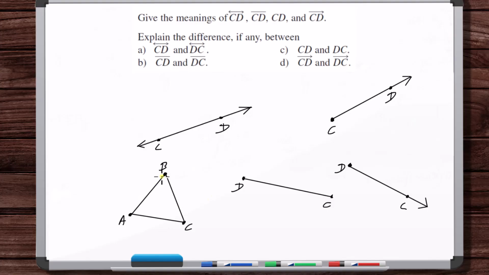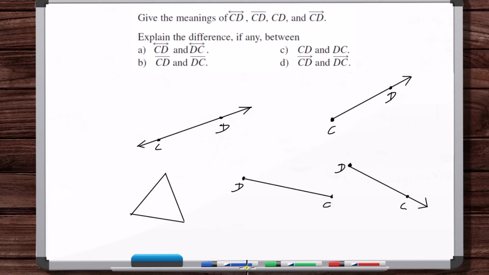But when you're expressing the name of the triangle, you'd say A, B, C. Well, it doesn't matter with a triangle. If it was a polygon, you'd want to state the letters in order.